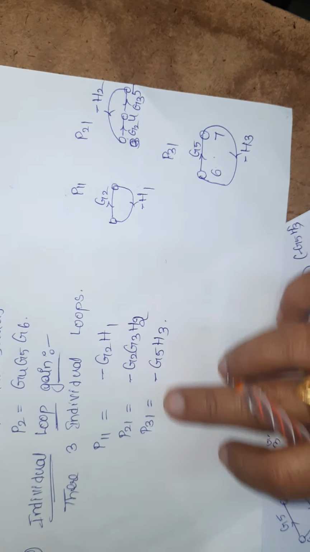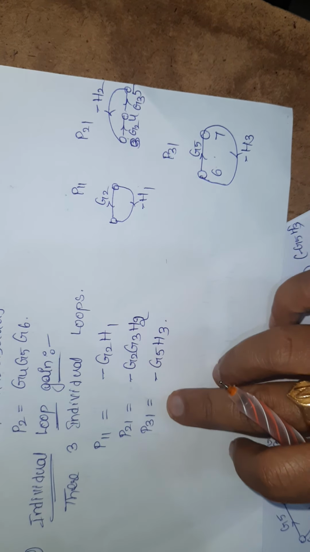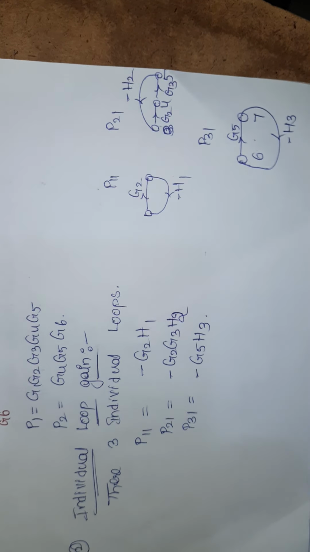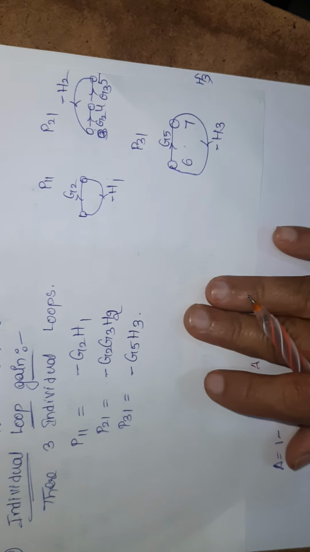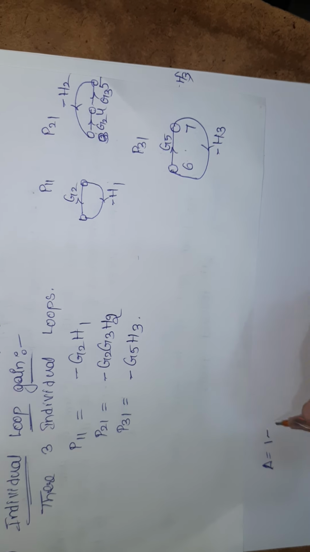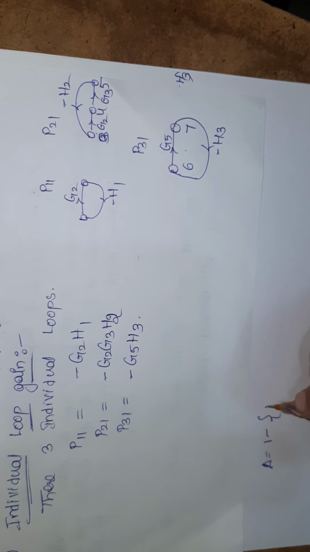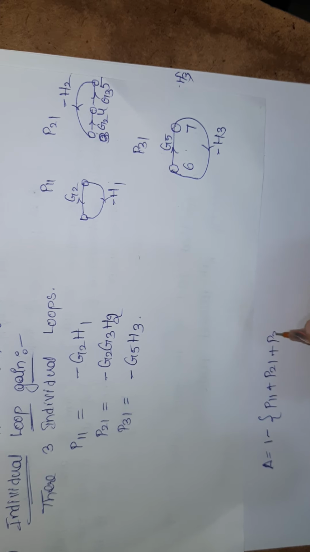These are the individual loops. You have to add these gains, P11 plus P21 plus P31, right?